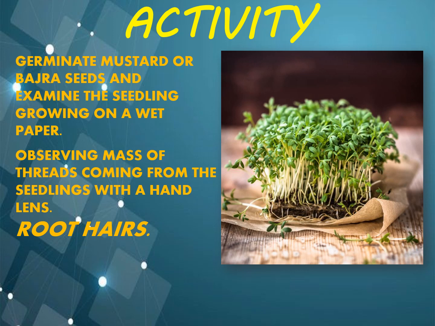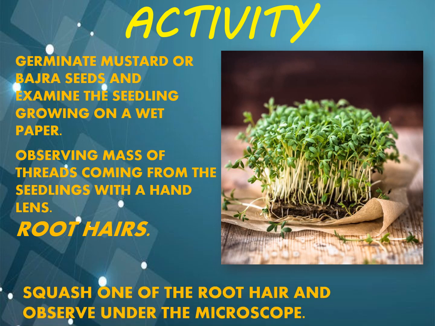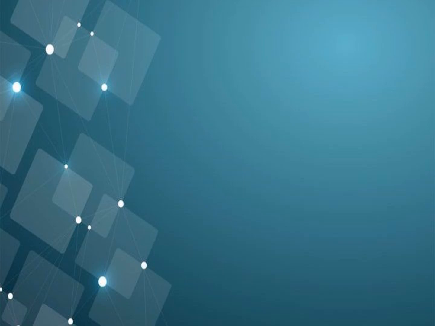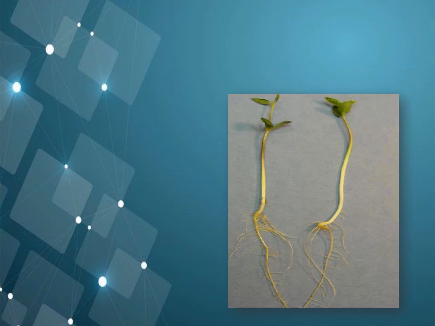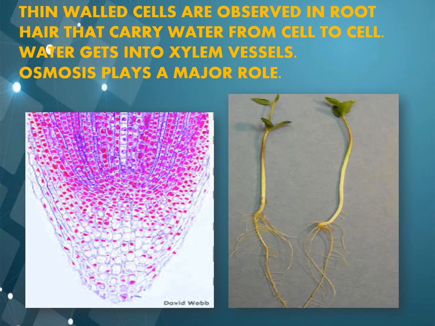After that, gently squash a portion of the root hair between slides, cover it with a cover slip in a drop of water, and examine it under the microscope. You can observe the thin walls of root hairs. On microscopic observation, you can observe thin-walled cells in the root hairs.